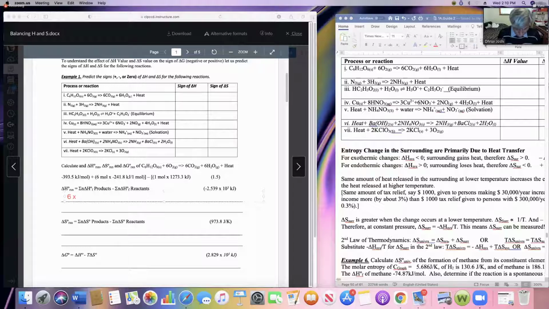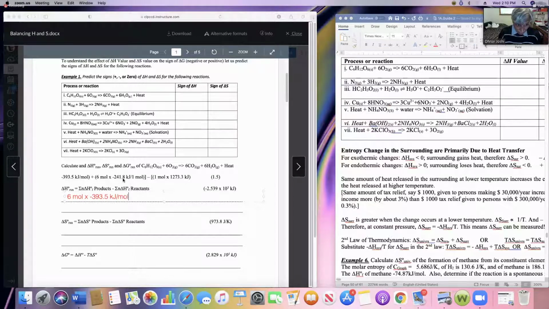If you don't write 6 mole over here, I'm not going to quibble about that. Normally, we would write 6 mole and then minus 393.5 kilojoules. That's a lot of energy per mole. And mole cancel out. So that's 6 multiplied by that kilojoules is what we have as the answer.